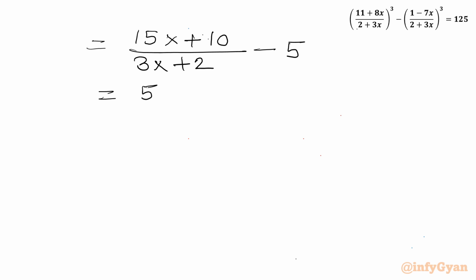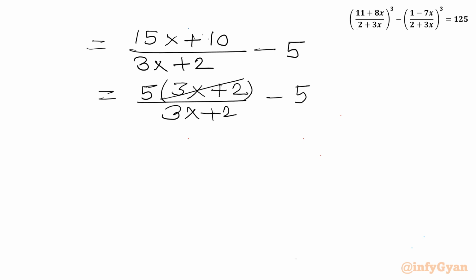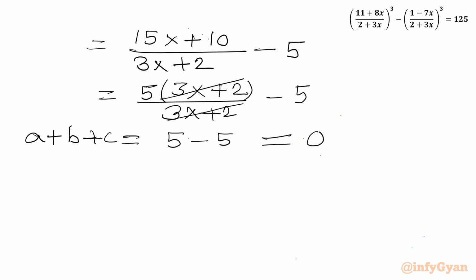Now I will take 5 common from the numerator, so (3x + 2)/(3x + 2) minus 5. Now we can cancel 3x + 2 from numerator and denominator. So 5 minus 5. So this value A plus B plus C is coming out 0.